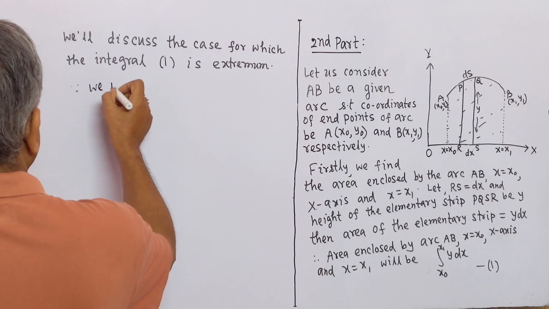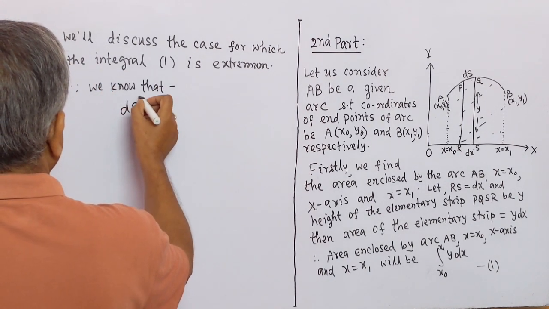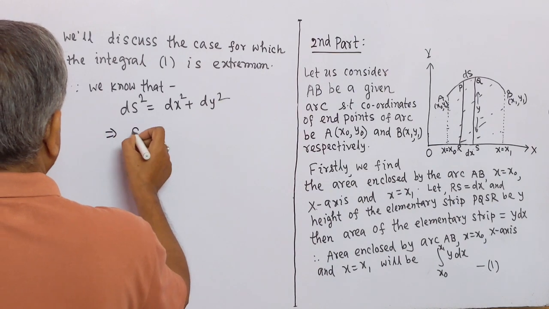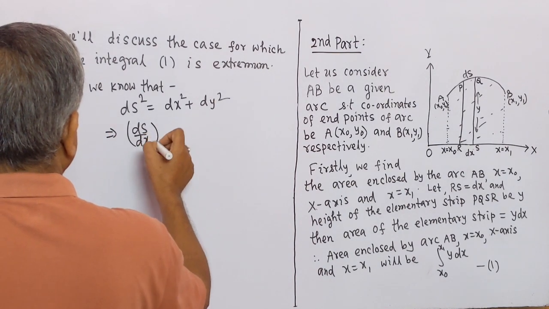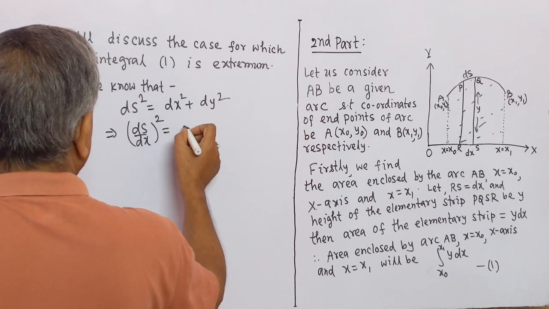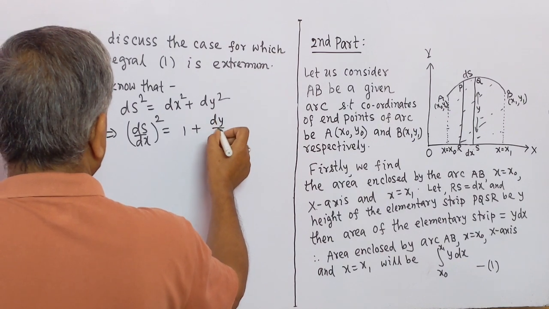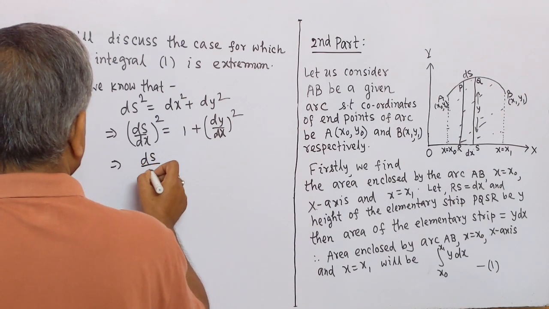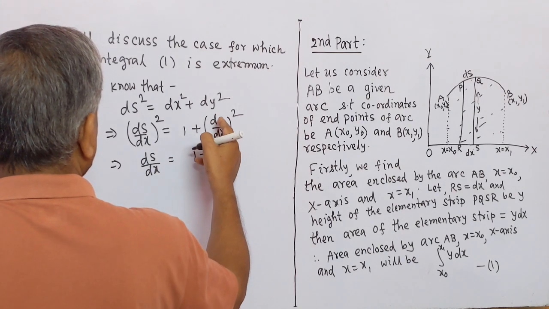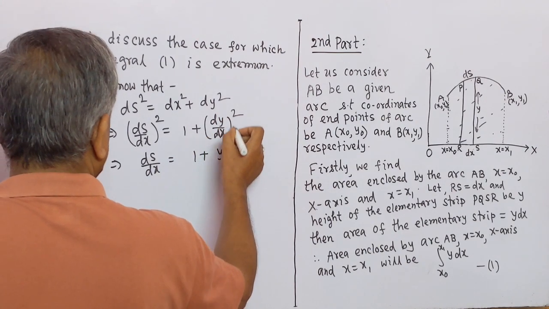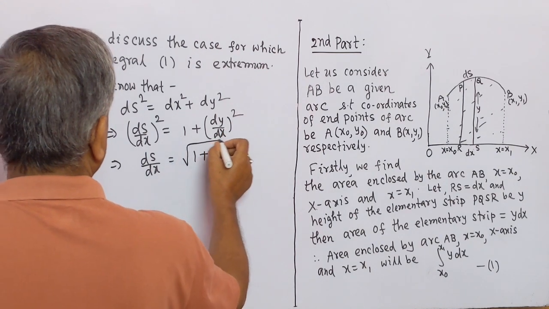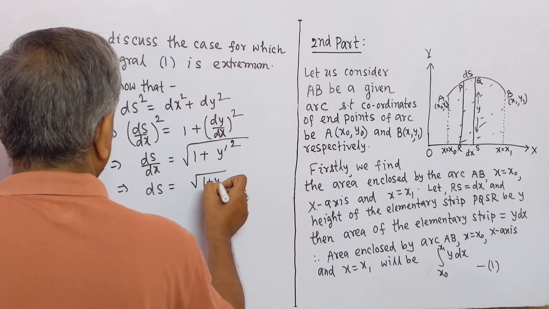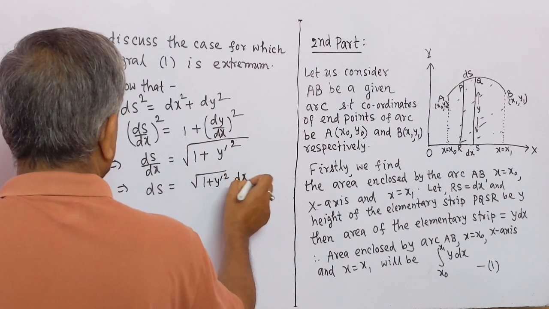Since we know that ds square equal to dx square plus dy square implies that ds by dx whole square, dividing both sides by dx square, is 1 plus dy by dx whole square, implies that ds by dx equal to square root of 1 plus y prime square, where this derivative is denoted by y prime, implies that ds equal to square root 1 plus y prime square dx.